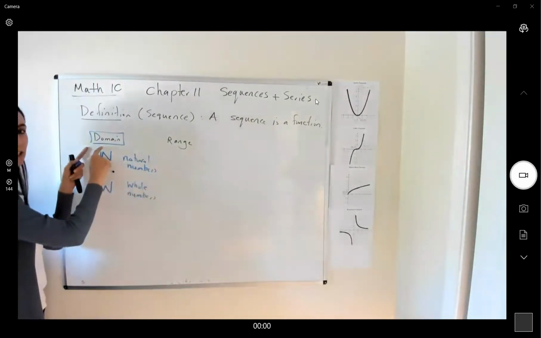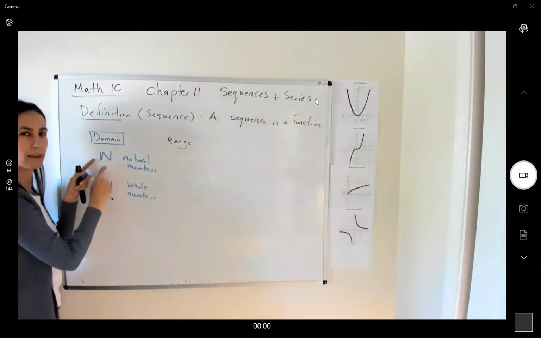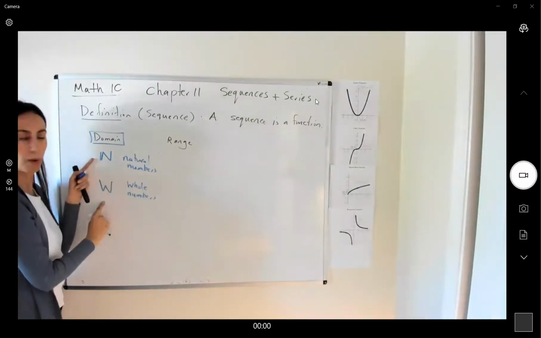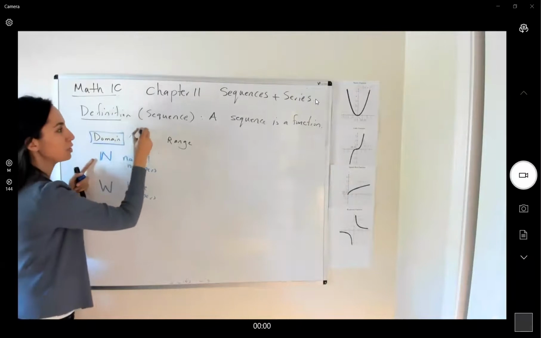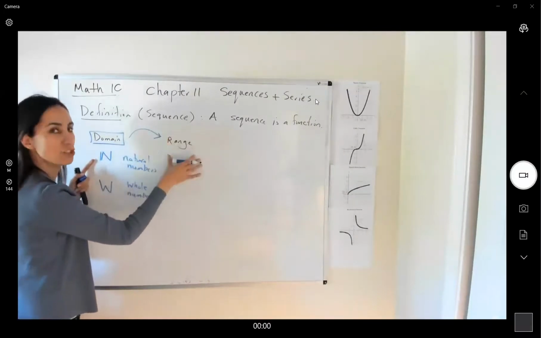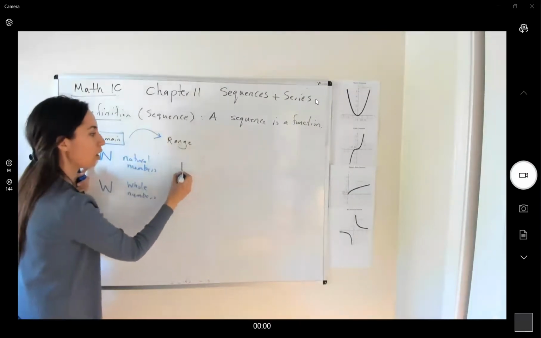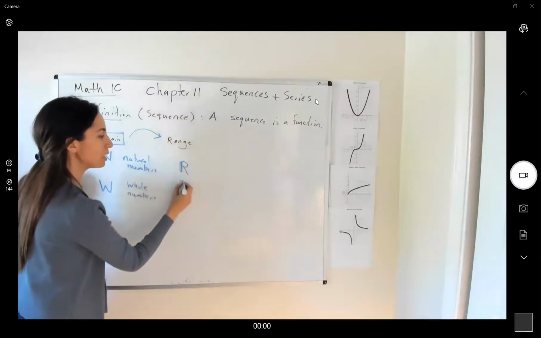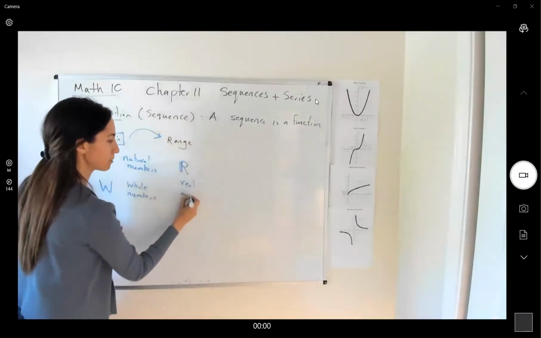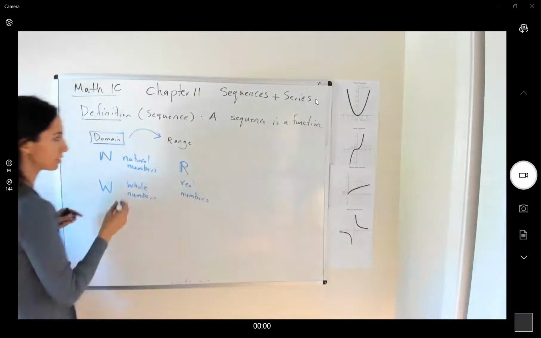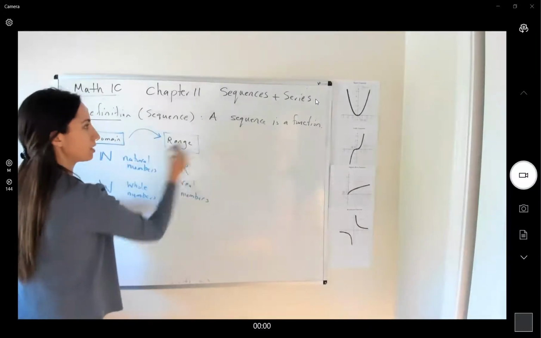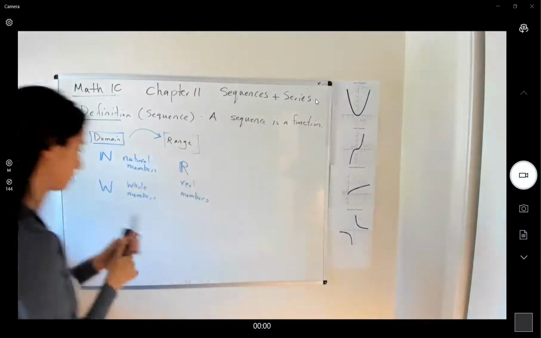It takes values in the domain, either natural numbers or whole numbers, and maps them to a range, which is usually R, or real numbers. That's how we define a sequence.